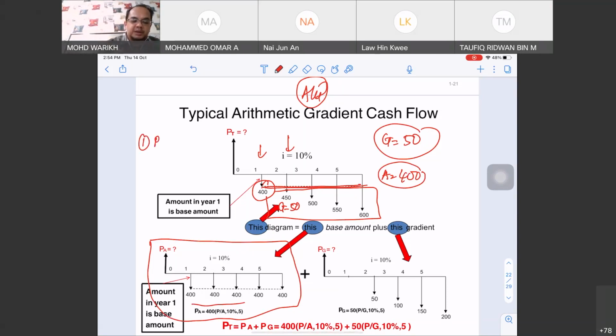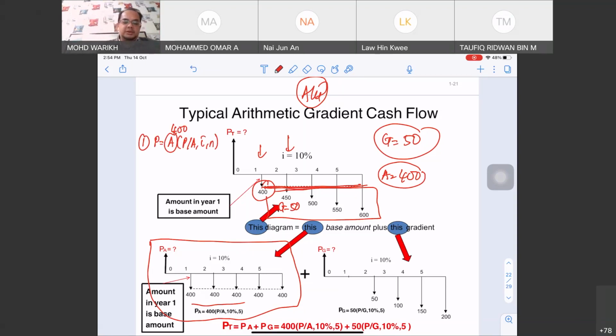A is given, so P over A, I, N. A is 400 ringgit, just the base one.